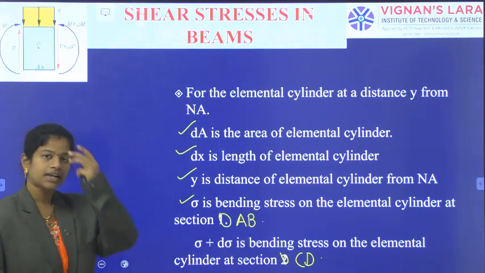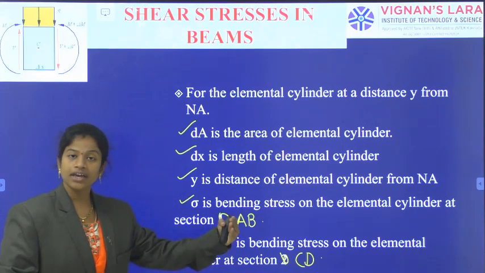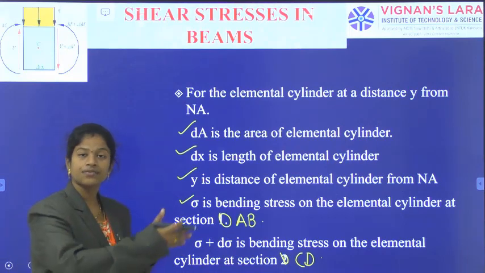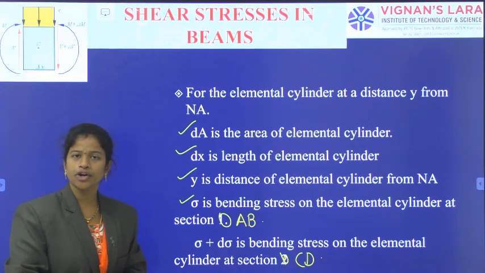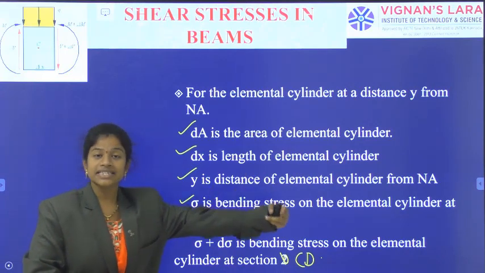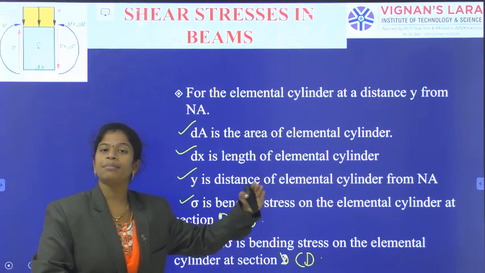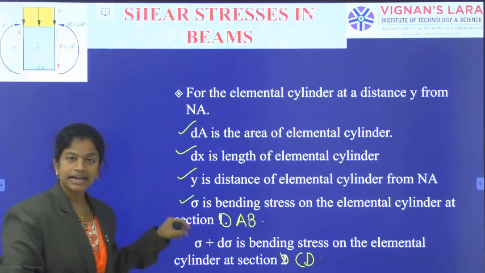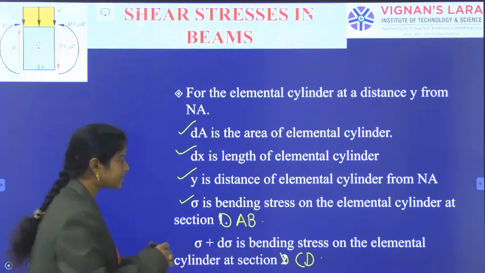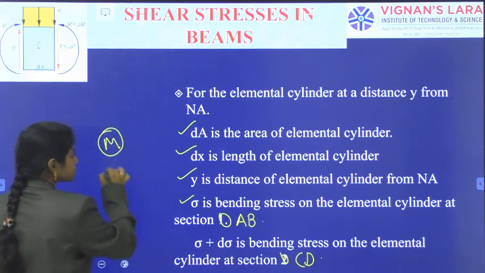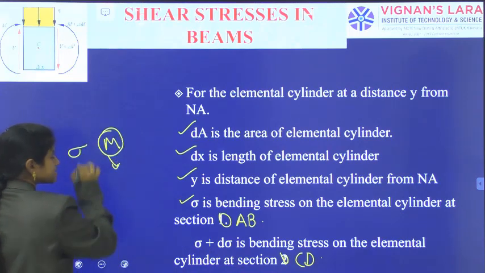Sigma is the bending stress on the elemental cylinder on the section AB. On the other side, just now we have said the bending moment is varying from point to point. That's why the bending stress sigma also will vary from point to point, right? So at the section CD, what is the bending stress acting? I am indicating that as sigma plus d sigma. Point to point, M is changing, so as M changes, sigma changes.